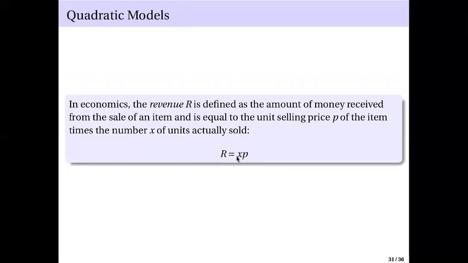So R is equal to xP, where x is the number of units sold and P is the price per unit. Take note, this is revenue, which is different from profit.